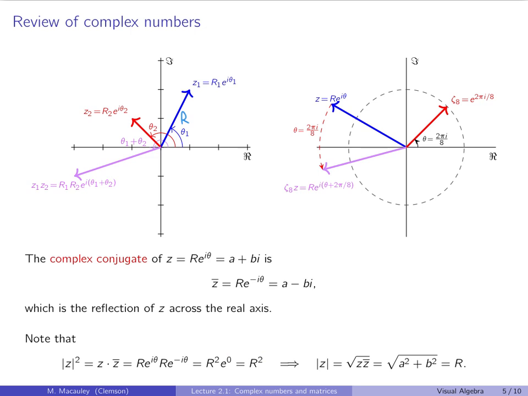So this is basically the Pythagorean theorem, because the norm of z is the square root of the norm squared. So the square root of z times z bar, which is the square root of a plus bi times a minus bi, by difference of squares, is the square root of a squared minus b squared i squared, which is just a squared plus b squared.